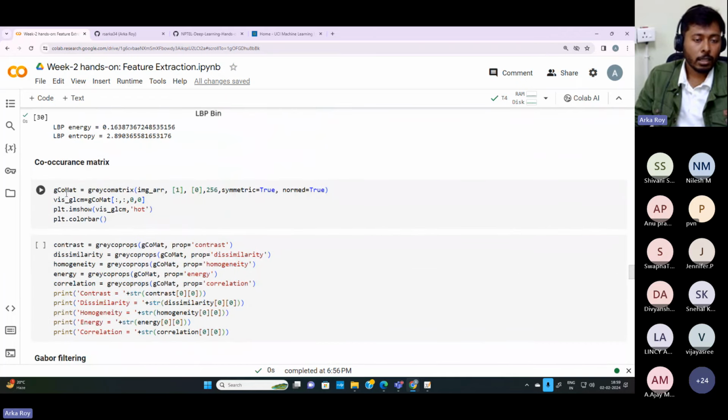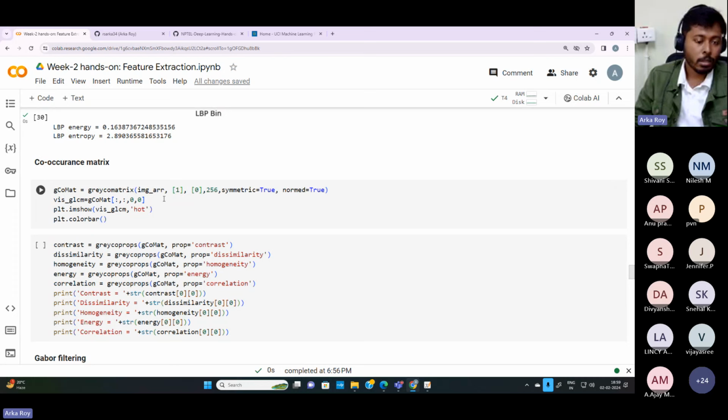So over here, we now want to extract the co-occurrence matrices. This is also pretty straightforward. They have the function gray co-matrix. You have to insert the image, and then there are parameters.